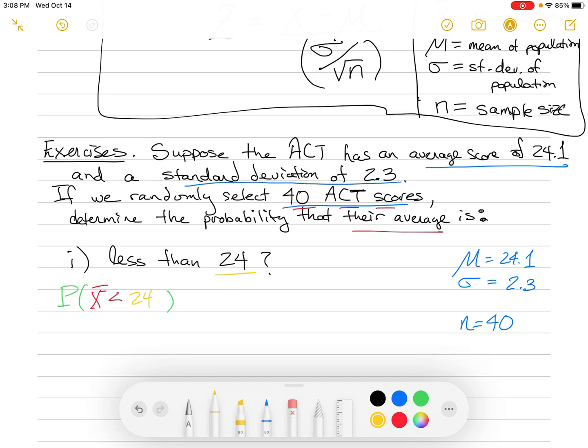Let's make it yellow. So the first thing I'm going to do, I'm going to convert from x bar to a z-score. So I'm going to convert a sample mean, x bar equals 24, to a z-score.